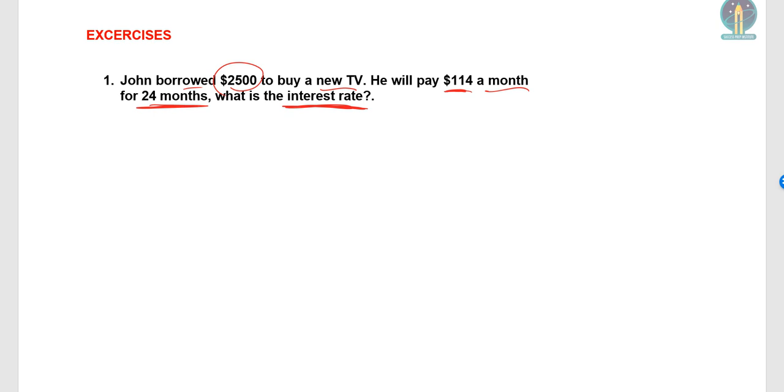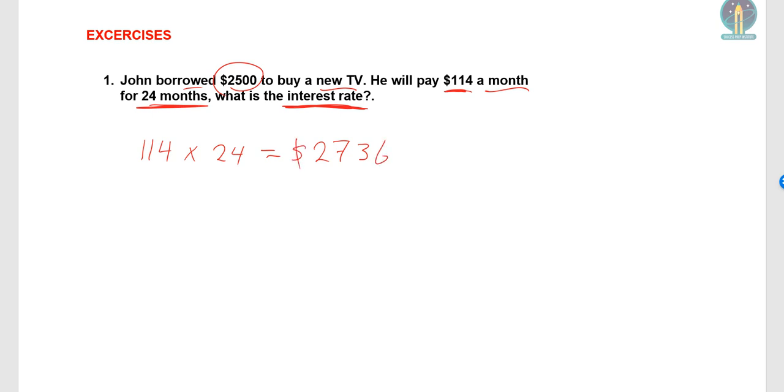So again, to find the interest rate, we would first have to find the interest amount. How many dollars were paid in interest? The total amount paid by John over the entire term of the loan, which is 24 months, is equal to 114 times 24, and that gives me $2,736.